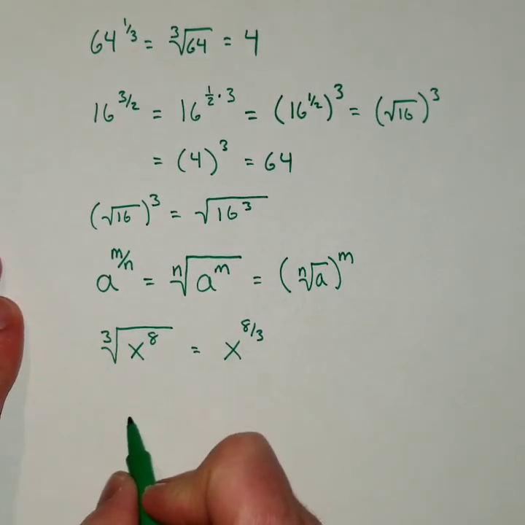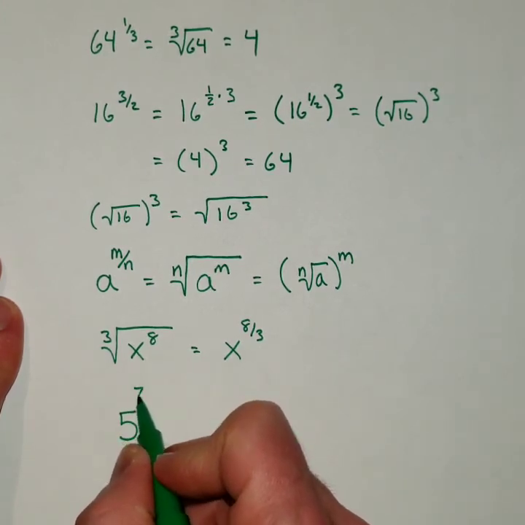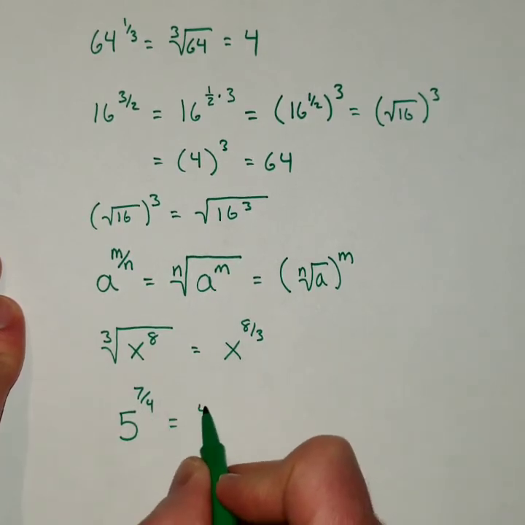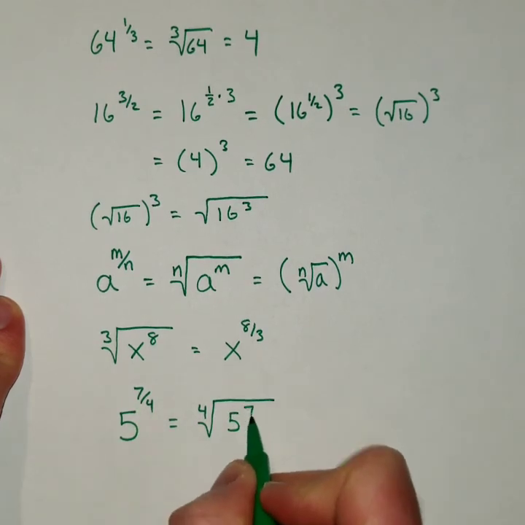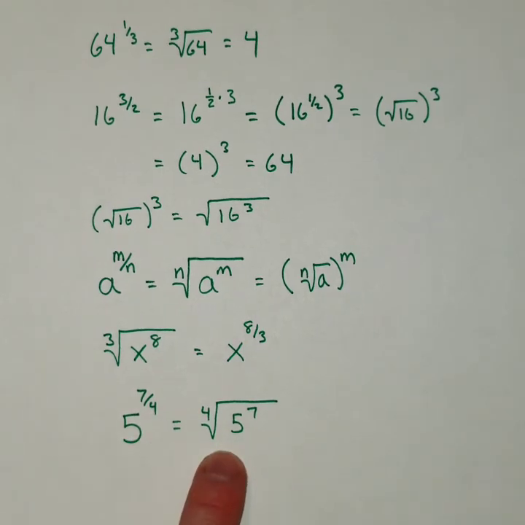Okay, if I did 5 raised to the 7/4 power, then of course we're looking at the 4th root of 5 to the 7th. And so that would be changing from a rational exponent into a radical. Okay, so you can go back and forth between these two ideas. And of course simplifying when possible. Okay. All right.